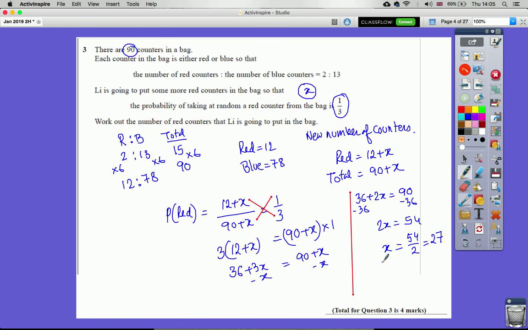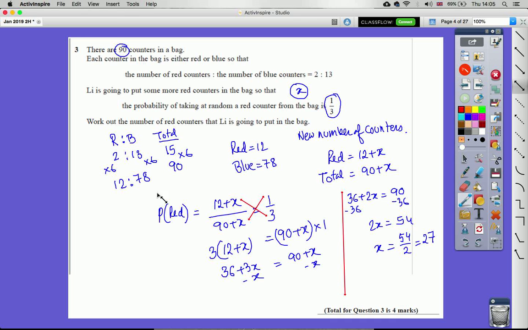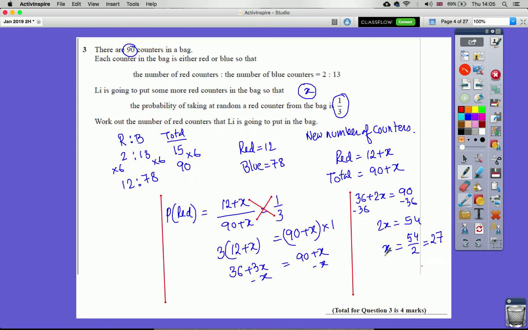We can test. Let's test our answer and check it. So if he puts 27, then the new number of red counters is going to be 12 plus 27, which is 39.